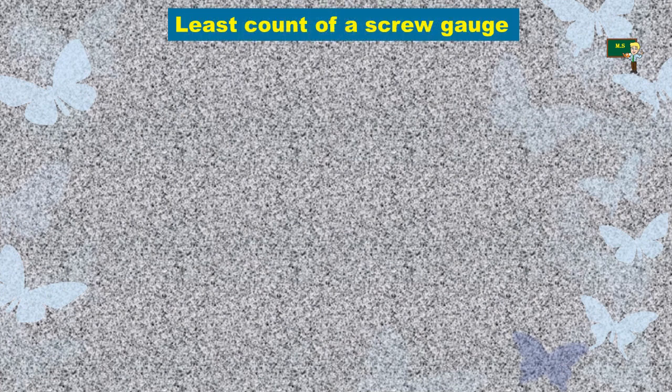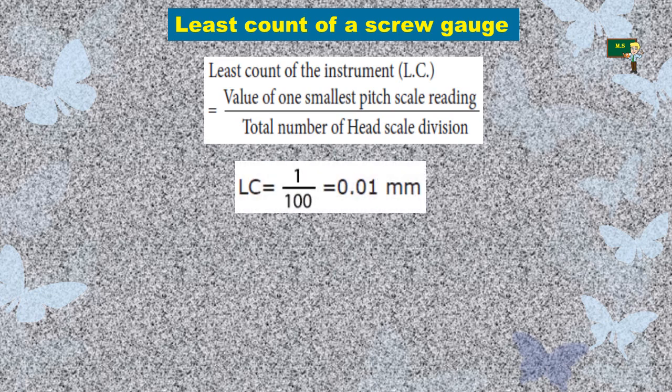The least count of a screw gauge. The distance moved by the tip of the screw for a rotation of one division on the head scale is called the least count of the screw gauge.